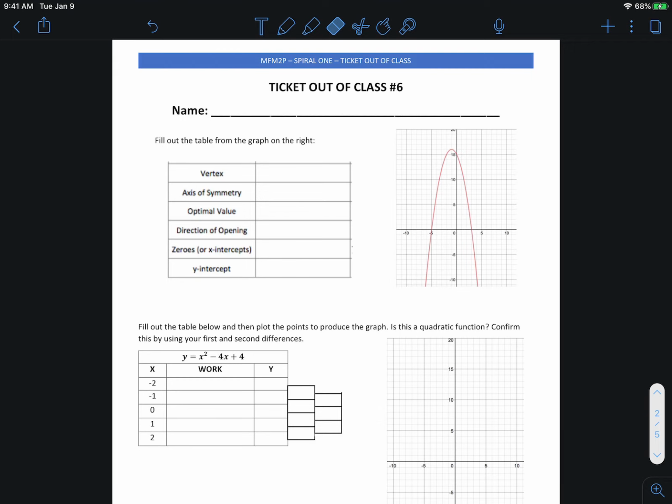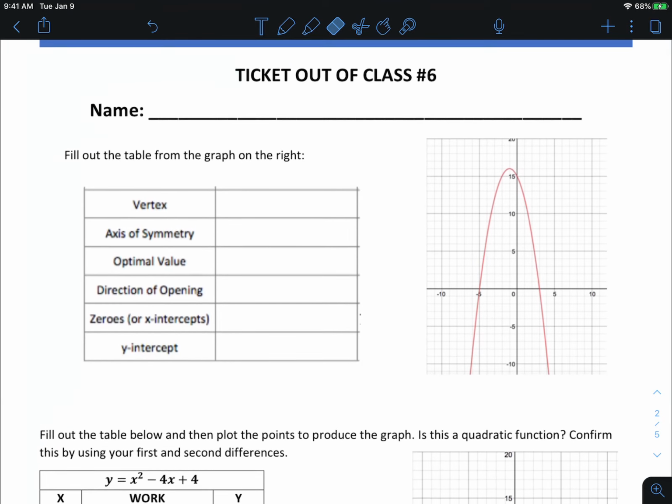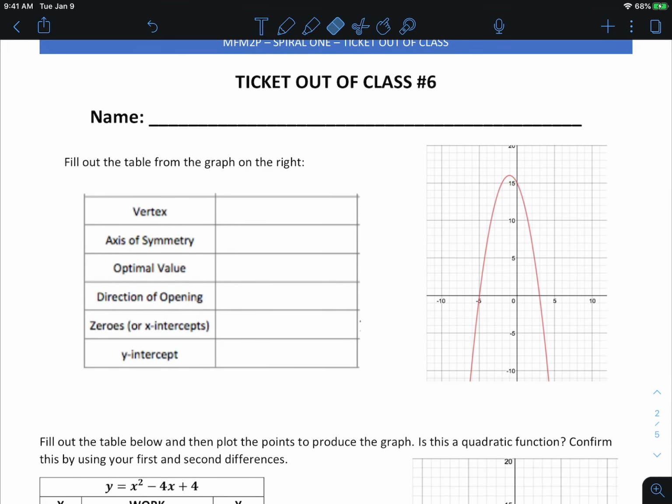From this picture, you're not going to be asked any more than this: what's your vertex, axis of symmetry, optimal value, direction of opening? Some are easier than others. We could start with the direction of opening. What direction is that opening? Down. Down.